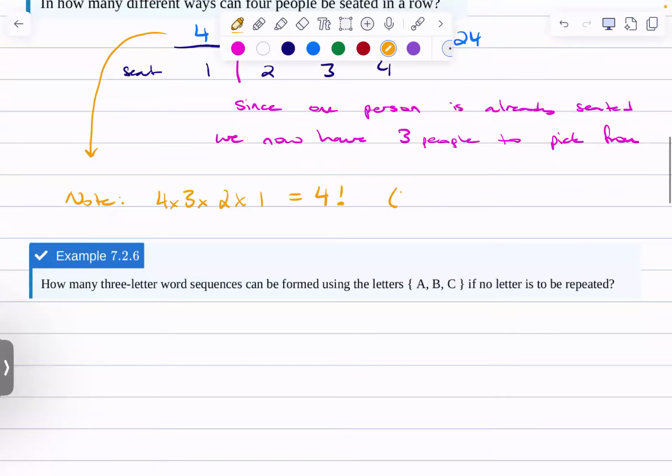And so here, 4 factorial. This factorial might be new, right? You might have seen it, might be new. But all it does is it says, hey, starting at 4, do everything minus 1 until you get to 1, and multiply it through. So starting at 4, 4 times 3 times 2 times 1.